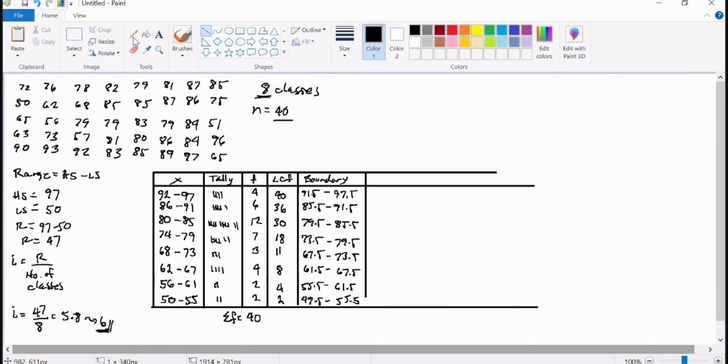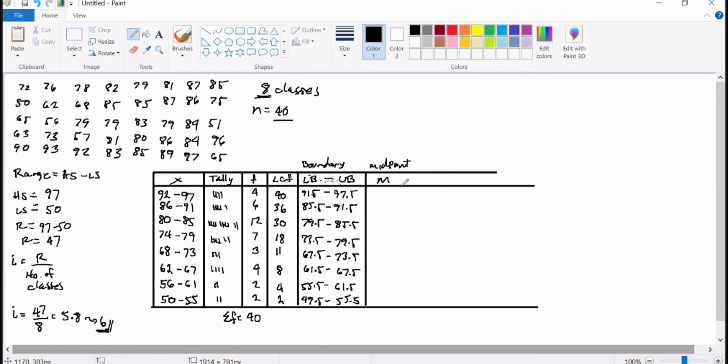Next after that is going to be the midpoint, M. For the boundary, I'm just going to transfer it there. Boundary, you have two types. You have the lower boundary, and this one is the upper boundary, UB.